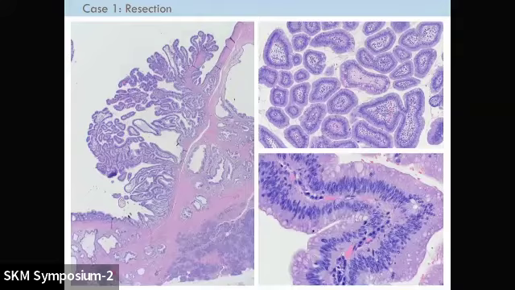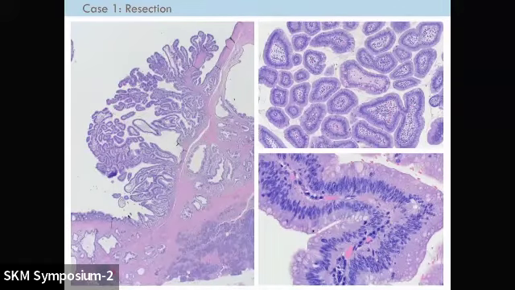Over here, you can see very nice nuclear features, characterized by elongated nuclear contours. Most of the nuclei are pencil shaped or oval. And you will also see occasional mitotic figures, which are basally located.